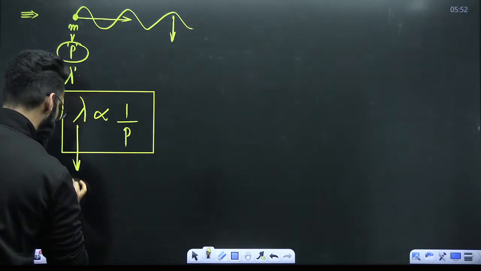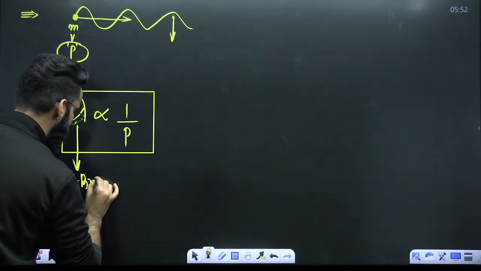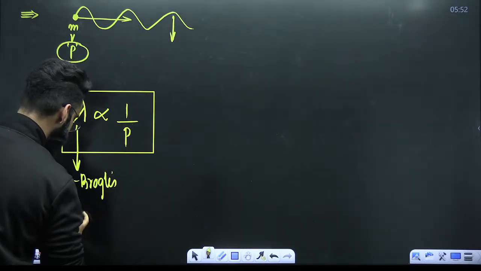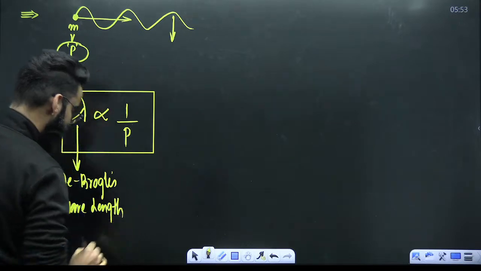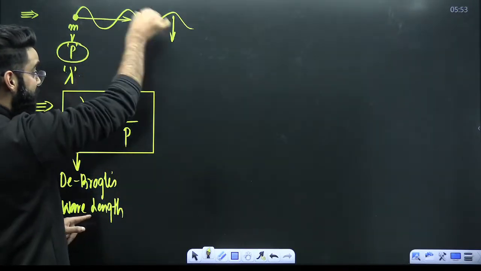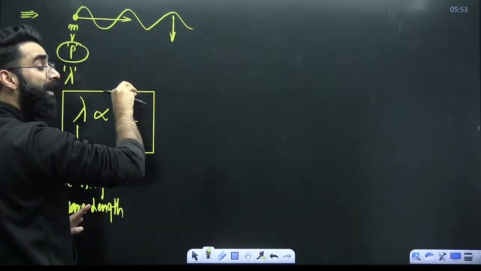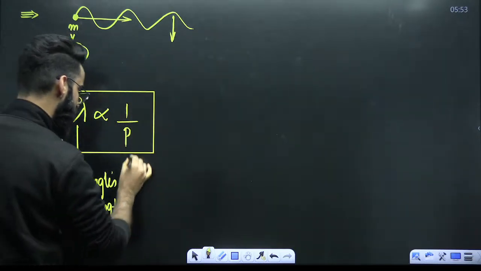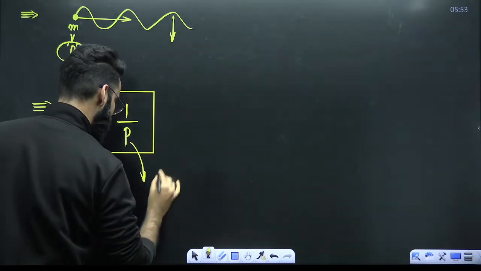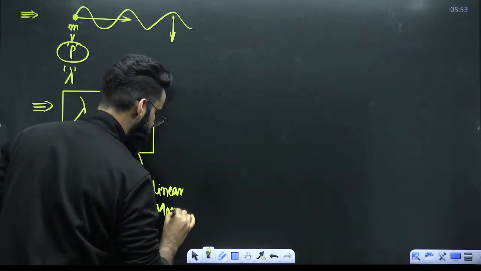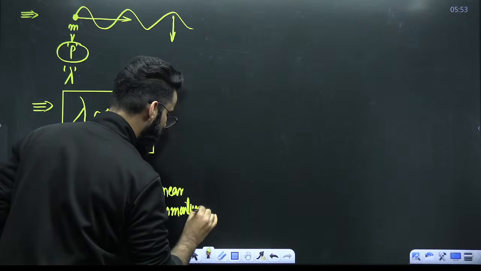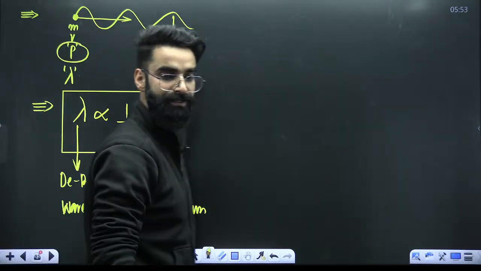This is something which you call de Broglie's wavelength, of the wave associated with the particle moving with some velocity v. What is p? P is something which we call linear momentum. P represents the linear momentum of the object which was moving.